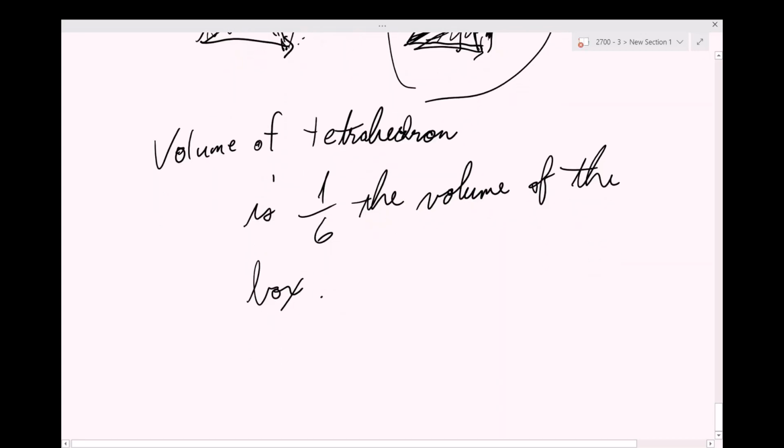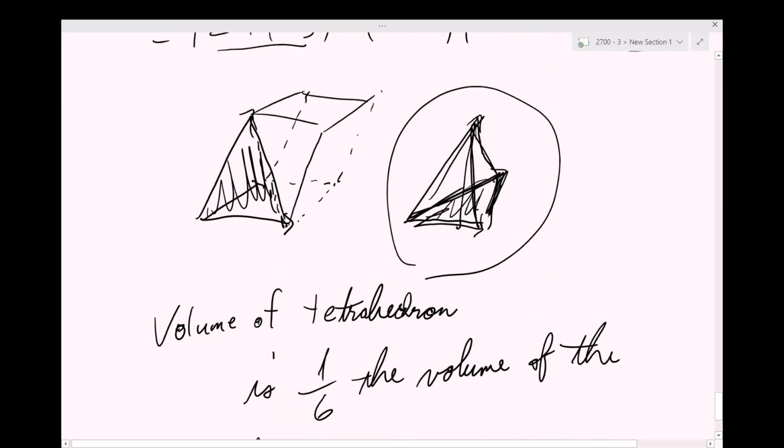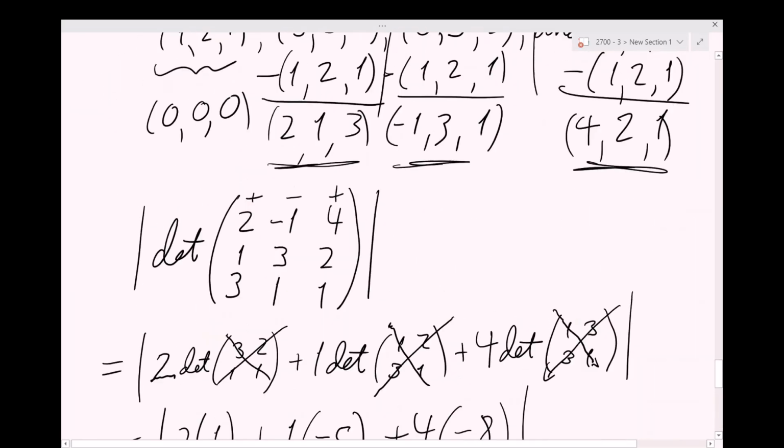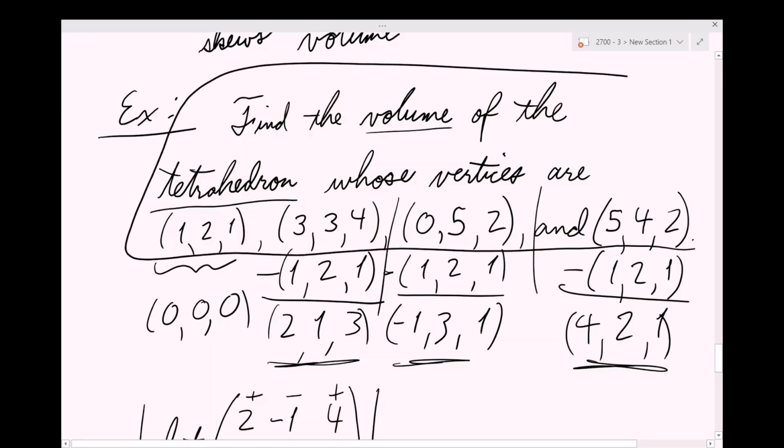And so for the question we were trying to answer, that's 1/6 of 35. And so 35 over 6 turns out to be the volume of this tetrahedron here.